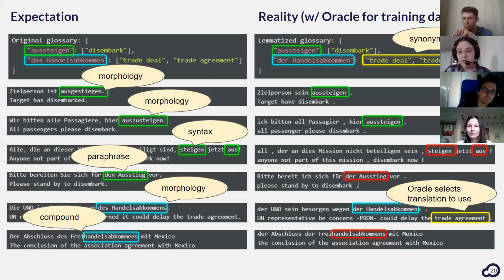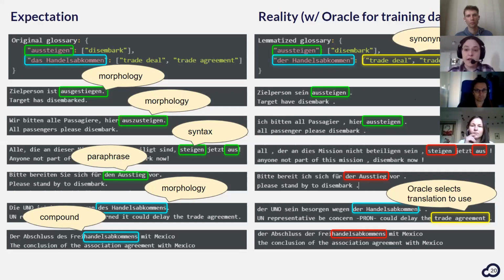I mean, personally, as a native English speaker, I would say that trade deal and trade agreement are almost the same thing. But if they were slightly different, you might have to make a decision. So this is a problem during inference with machine translation that with this strategy of lemmatization, we also cannot solve.